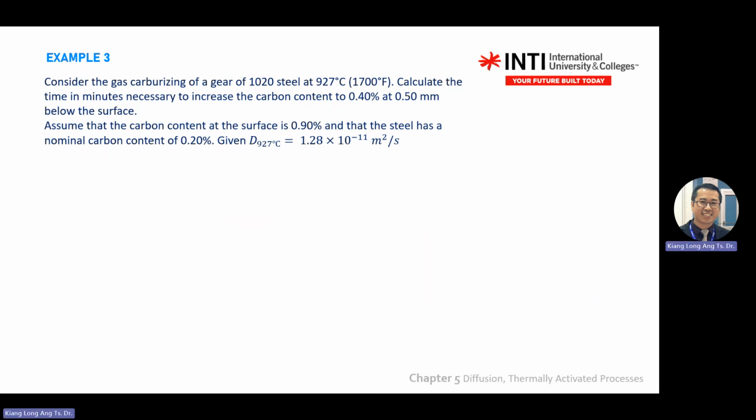To increase the carbon content to 0.4% at 0.5 mm below the surface. Assume the carbon content of the surface is so and so, and that the steel has a nominal carbon content of this one. Before you start, you draw something so that you understand what the question is asking. On the whiteboard, the steady state is J equal to something.